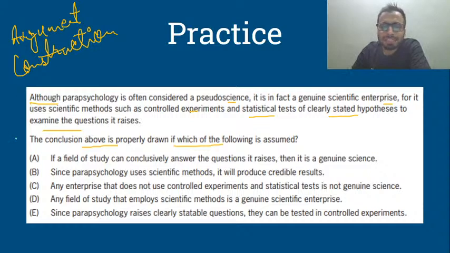If you've attended my lessons before, you'd know that when it comes to assumption solving questions, if it does not come naturally to you, you can try and negate every option one by one, right?